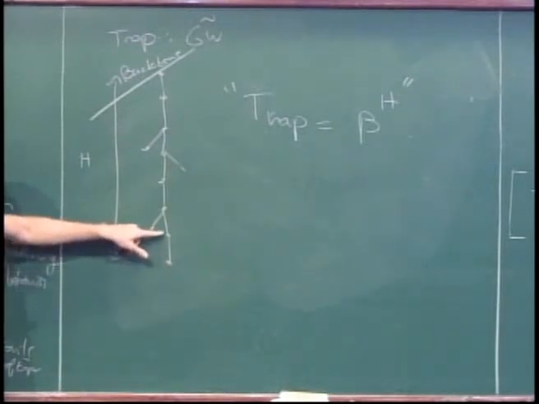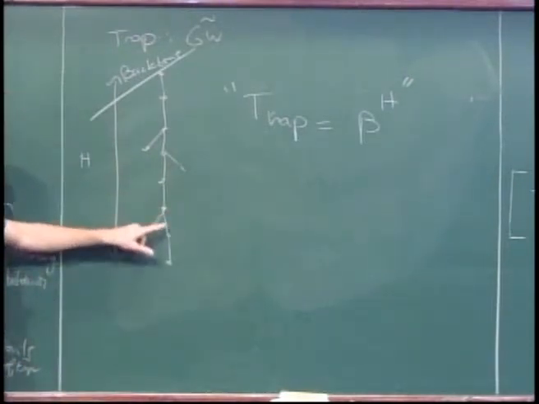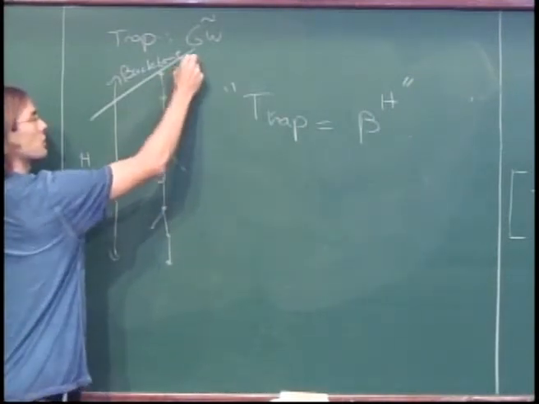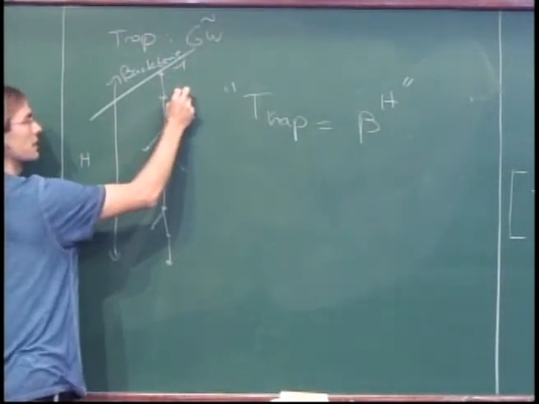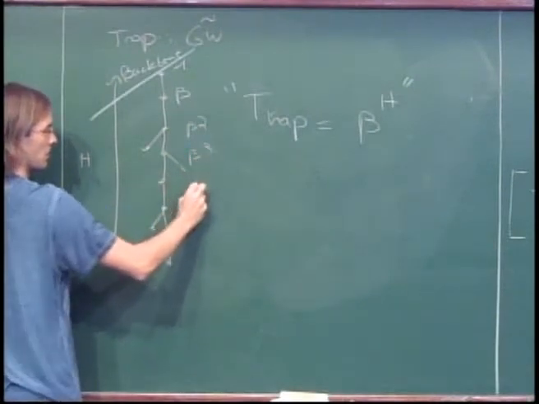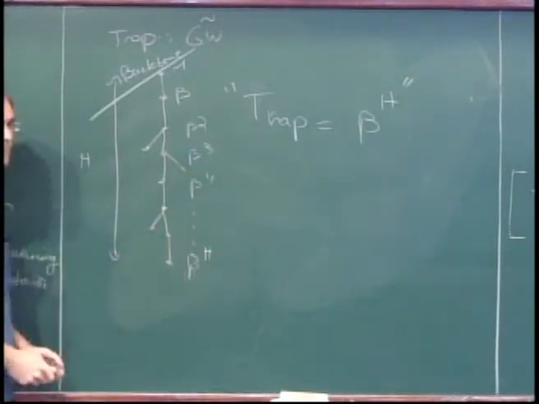So if you want to reach this point here, you need to reach this point beta more times because of the bias. And this point has to be reached beta more times than this one. So basically, if you want to get once here, you need to get beta times here. You need to get beta squared here, beta cubed, beta 4, beta h.